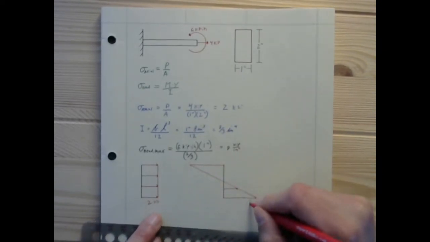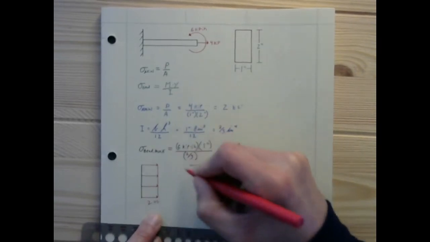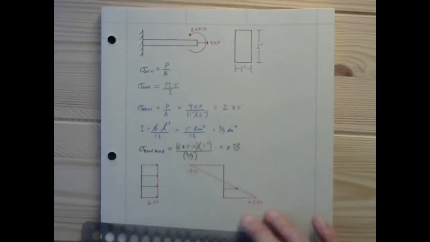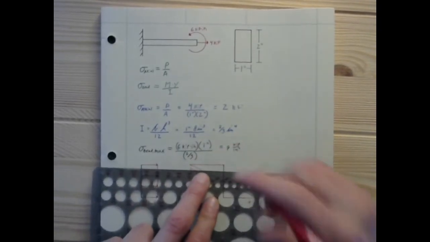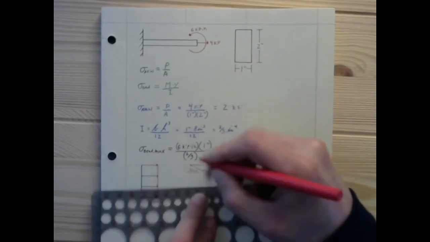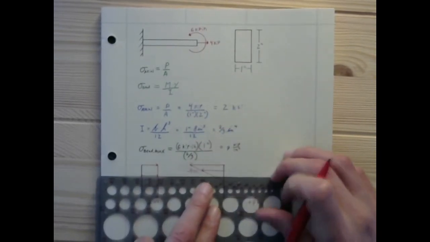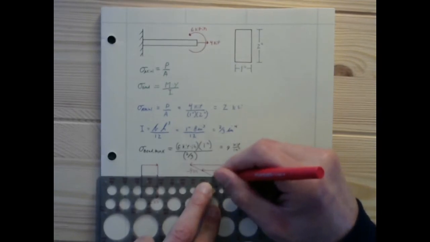So I'll write plus 9 KSI right there and minus 9 KSI right there. Okay. Result.